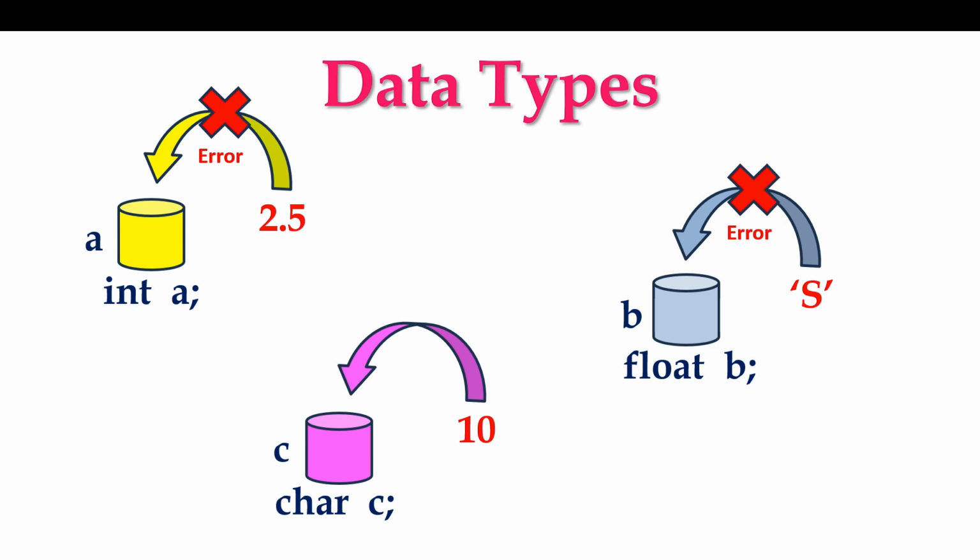And if I want to store the number 10 in the container C, is it possible? No, because 10 is not a character, it is a number. Okay, like this, conflicts may arise whenever you are going to solve a problem. Okay, got it? Thank you.